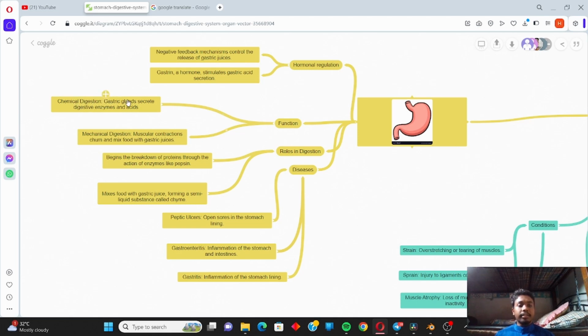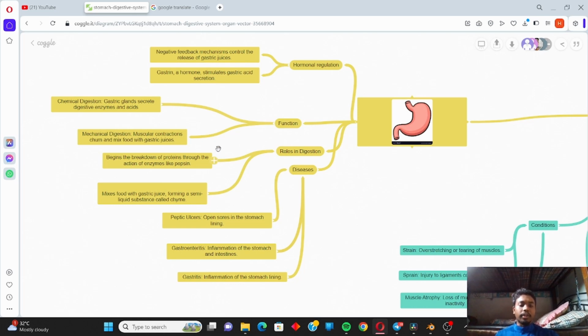Chemical digestion is when gastric glands secrete digestive enzymes and acid. Mechanical digestion is muscular contraction that churns and mixes food with gastric juice, so the food we eat becomes smaller and mixes with gastric juice inside the stomach.